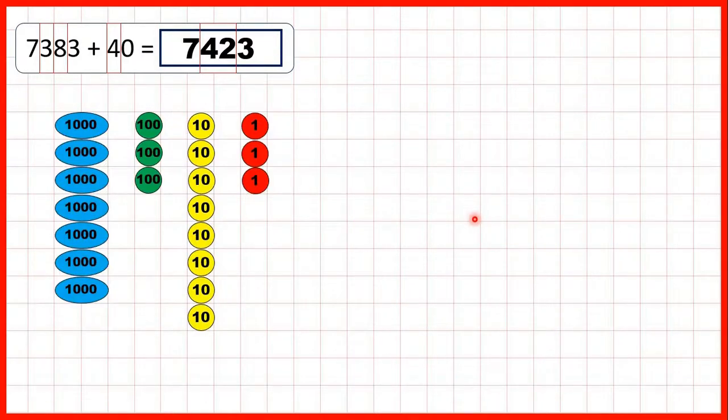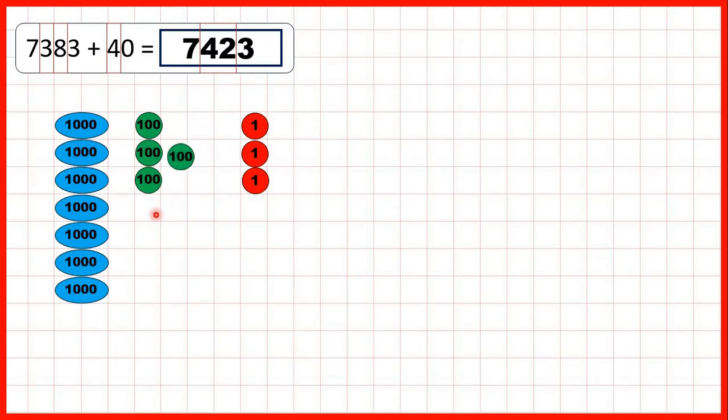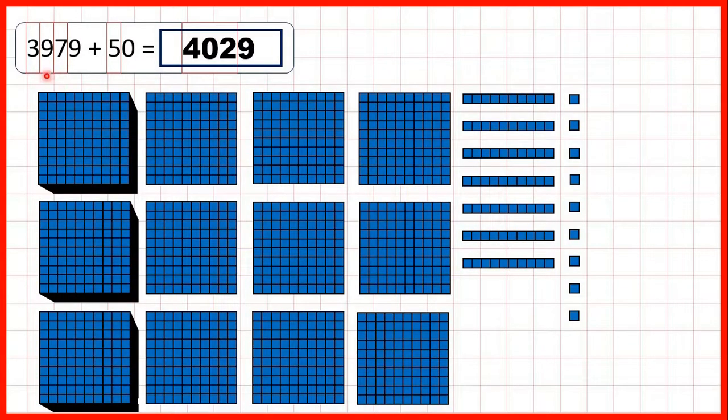Or with place value counters, we started with 8 tens, we added 1, 2, then we exchanged, then added 3, 4. So you can see why it's the hundreds digit as well as the tens digit that has changed in our answer. Then 3,996 and 79.